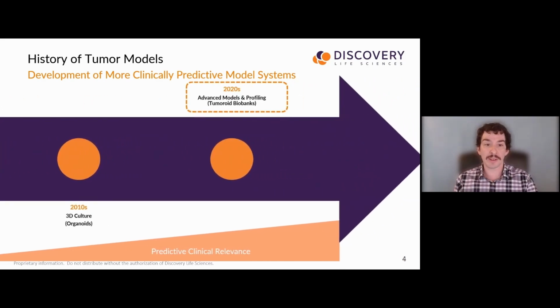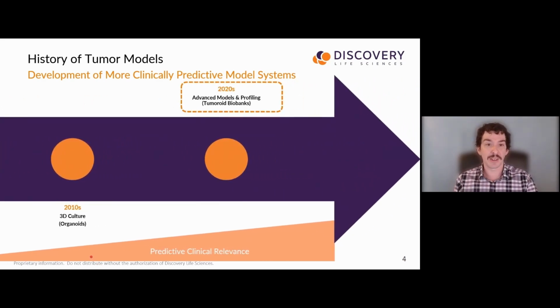So we move forward again, we get to the 2010s, and we see the rise of 3D culture systems, starting with organoids. Now, organoids are self-organizing multicellular structures that better replicate in vivo physiology. And organoids started with normal tissue, starting with colon tissue at first and moving on to other normal tissues before moving to actual tumor tissue when the first cancer organoids, or tumoroids, were developed.